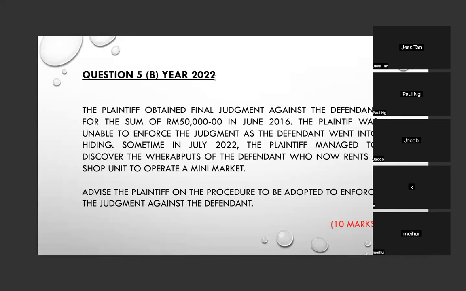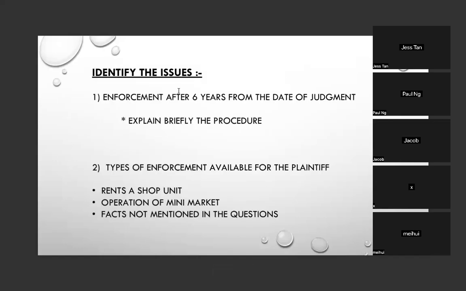So again, what is the issue here? Okay, the issue will be 6 years. Okay, so it's the same discussion just now. Okay, we have mentioned that Section 6 of the Limitation Act, okay, enforcement after 6 years. Okay, explain briefly the procedure that we need to obtain the leave from the court and what are the principles and the procedures being applied.